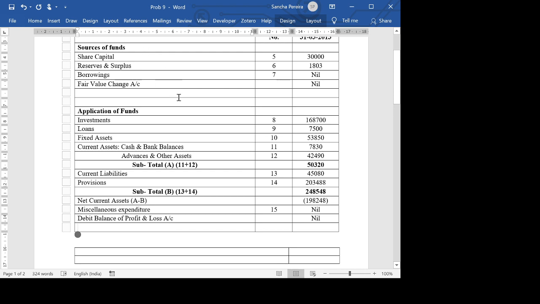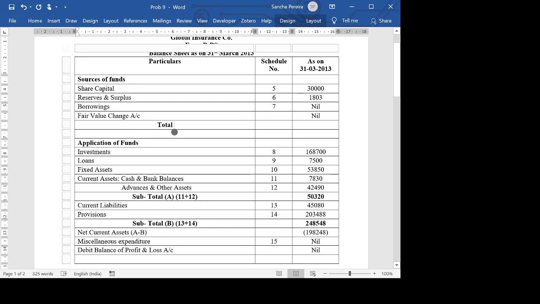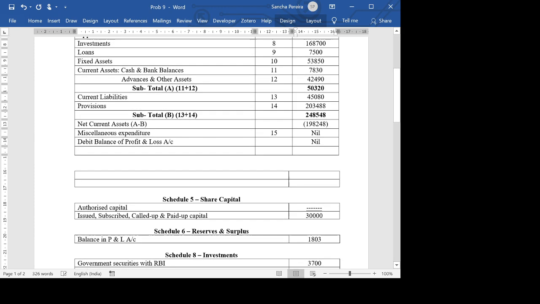The total here, we just have two items, so it will be 30,000 plus 1,803, which is 31,803, and here also we will have the same total.